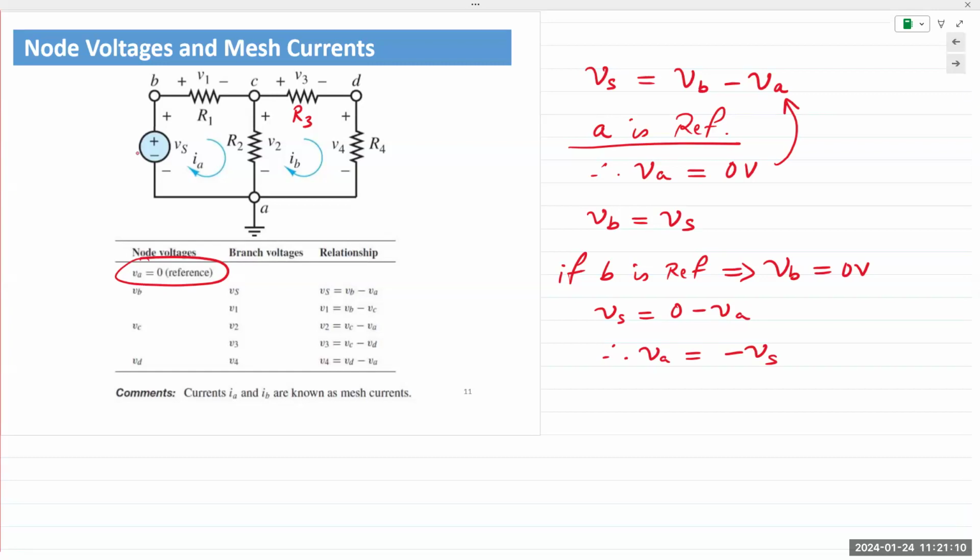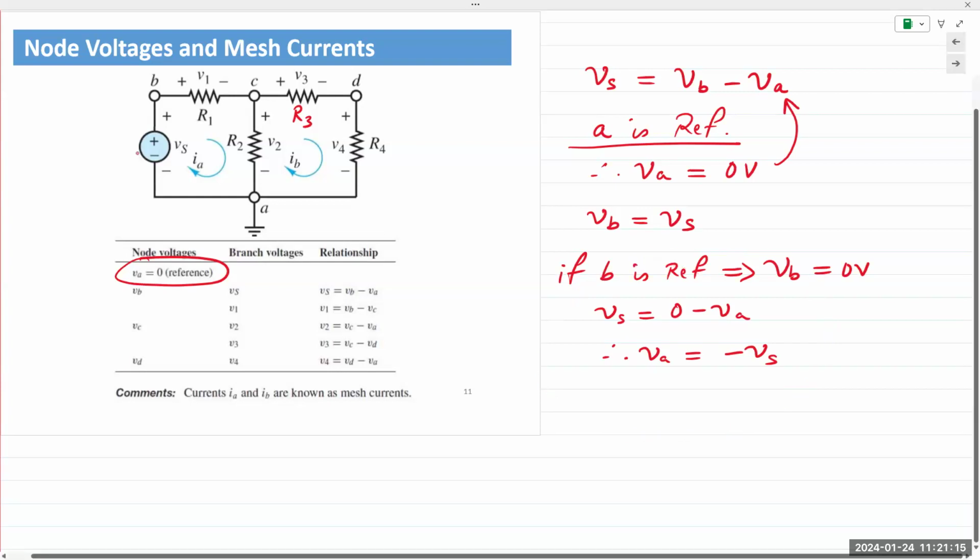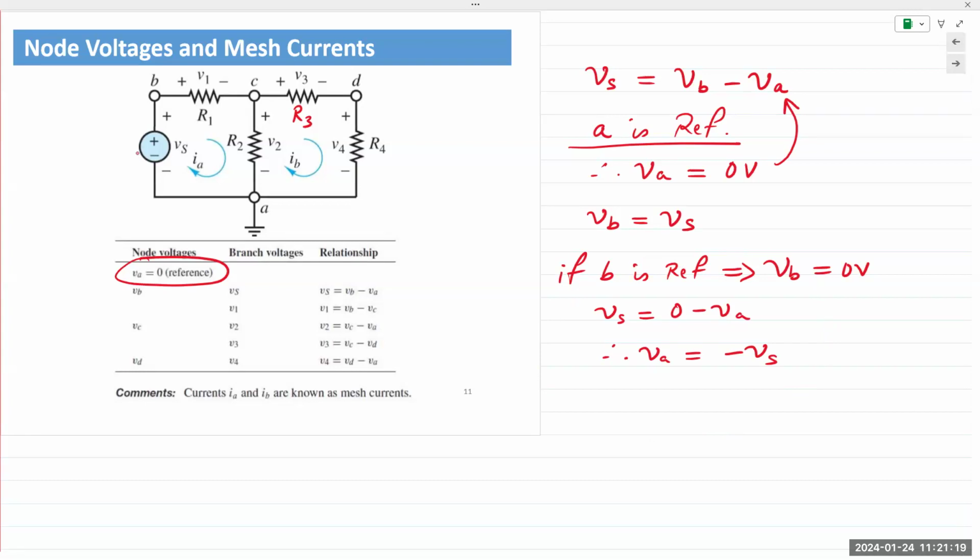So this just proves it mathematically. Conceptually, if the positive end of the voltage source is taken as reference, then the other node is minus.